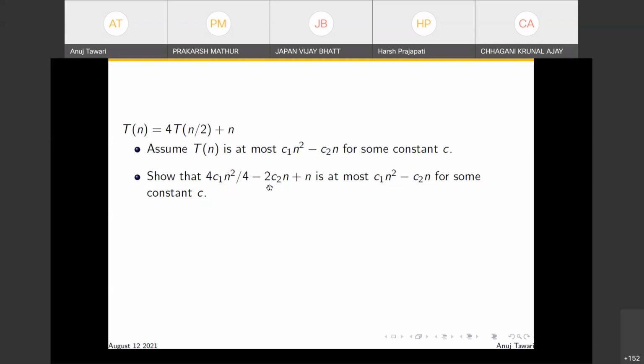And for any c2 larger than 1, this quantity will always be less than c1 n square minus c2 n.